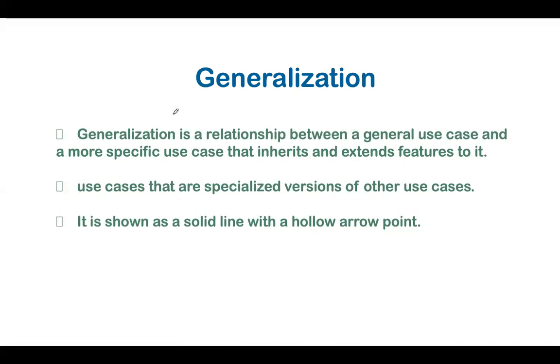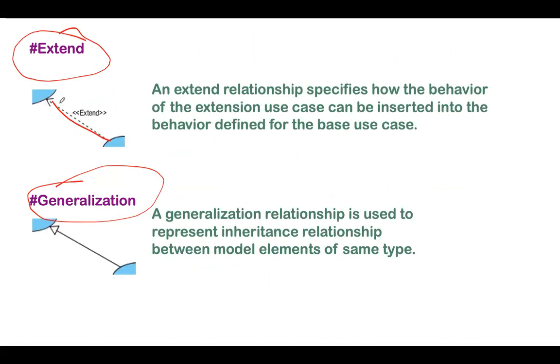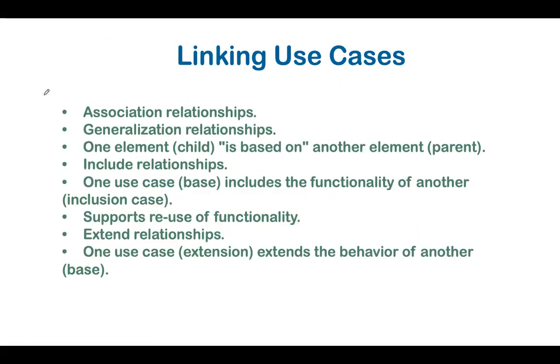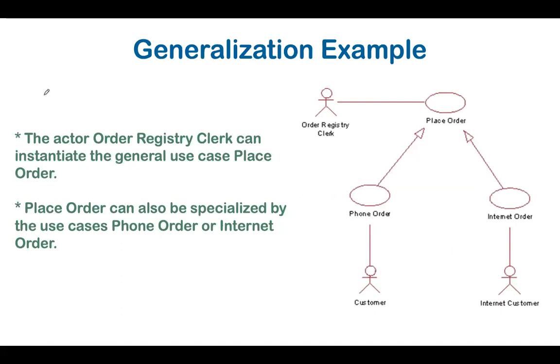Relationships are lines that move either from an actor to a use case, or from one use case to another. Generalization is shown as a solid line with a hollow arrow pointing the way you see here.